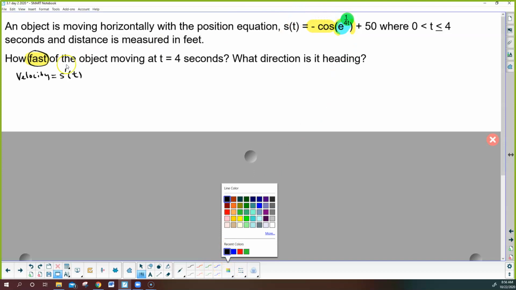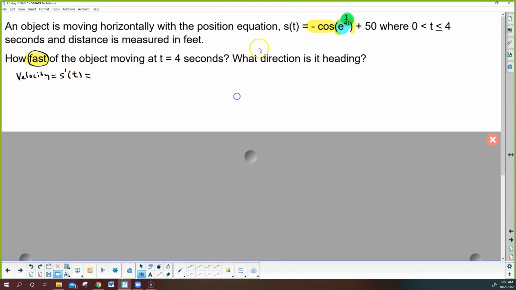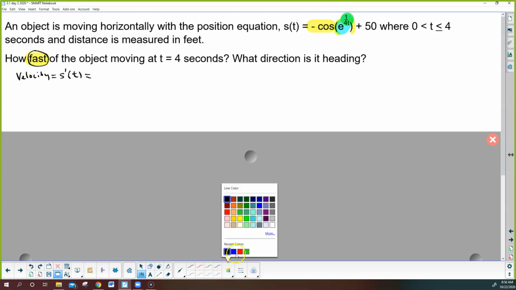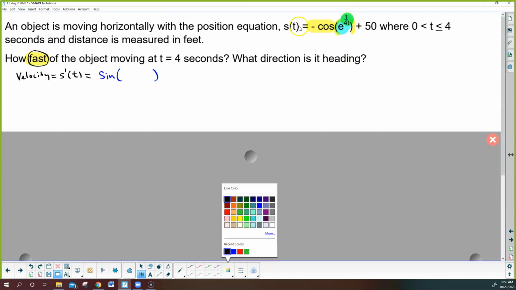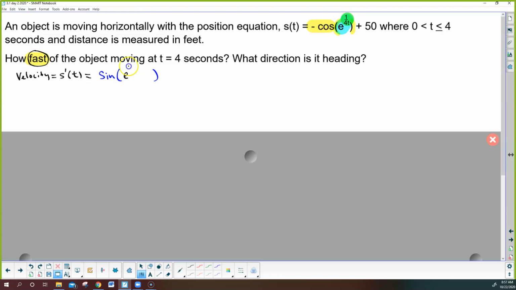All right, so let's take the derivative of this function. We're going to start with this. What's the derivative of the outside? Well, the derivative of regular cosine is negative sine. So if I already have a negative, that's negative of a negative. That's going to give me a positive sine. And then we're going to keep the entire inside, e to the 1/4 t.